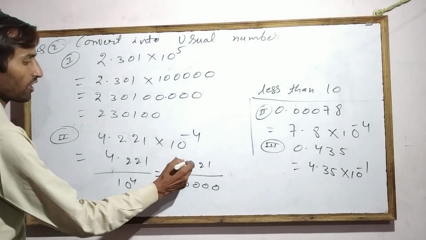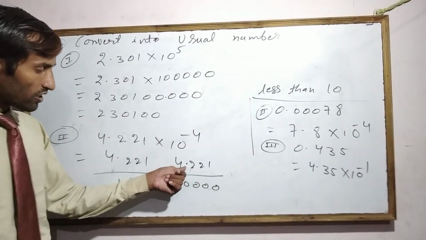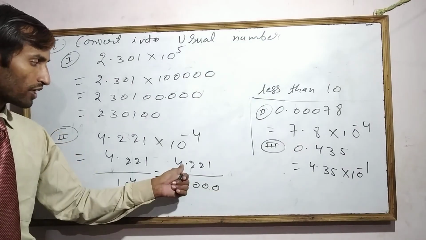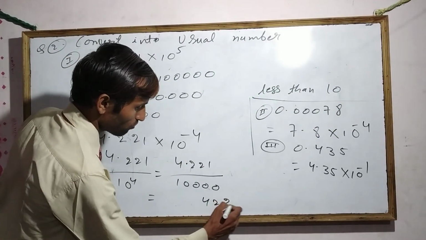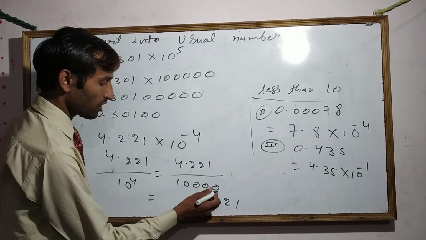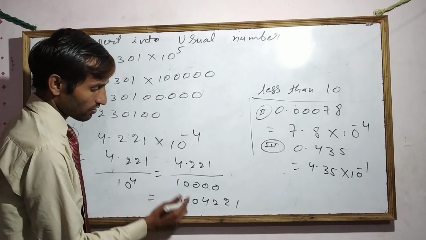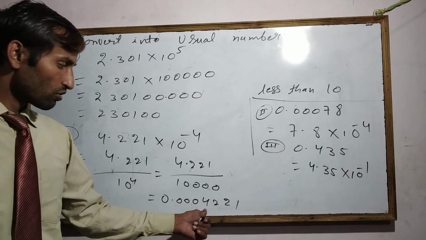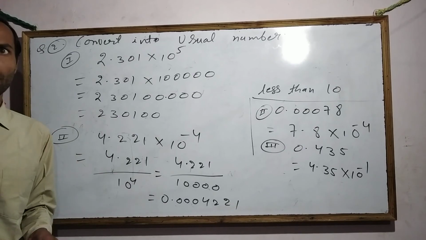Now we want to convert this whole fraction into decimal. The decimal will shift some positions: here 4 zeros are there, so it will shift 4 digits. You have to write 4221, and there is 1 digit before the decimal. Now we want to put the decimal 4 digits further left, so this point will come here. So the final answer is 0.0004221. Like this you have to do the exercise, whatever is given. That's all.